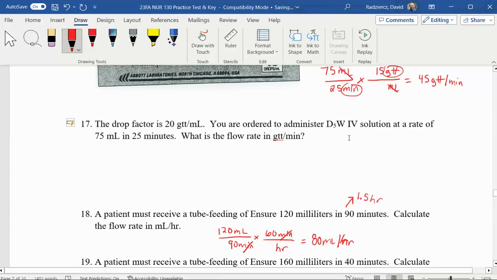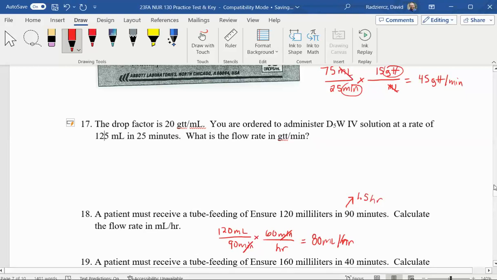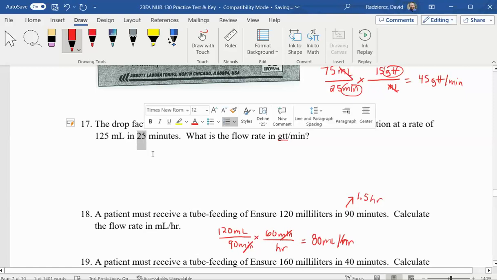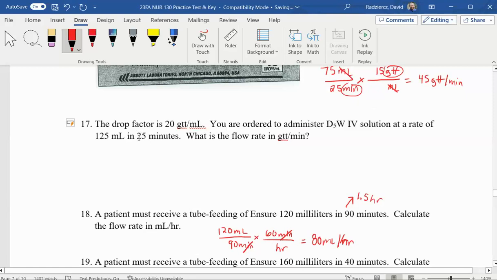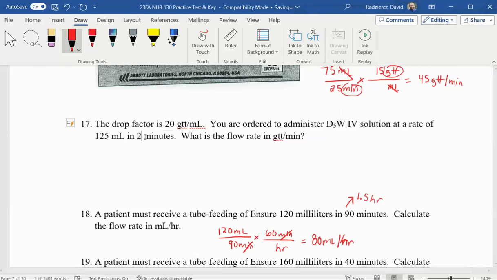You're ordered to administer dextrose 5% water IV solution at a rate of, let's do 125 milliliters, let's just do in 2 hours.